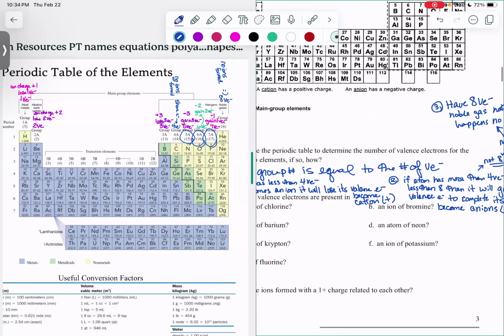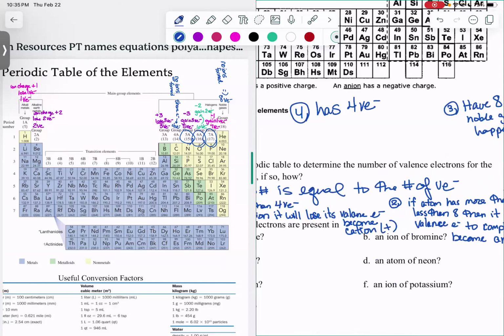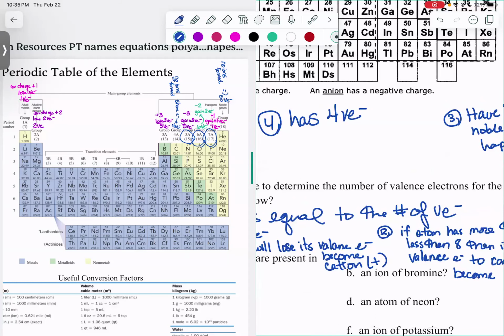And the very last scenario that can happen is if an atom has 4 valence electrons. If it has 4 valence electrons, it's similar to the noble gases in that no ions will form. It's not stable with 4 valence electrons, so these atoms will share their valence electrons.